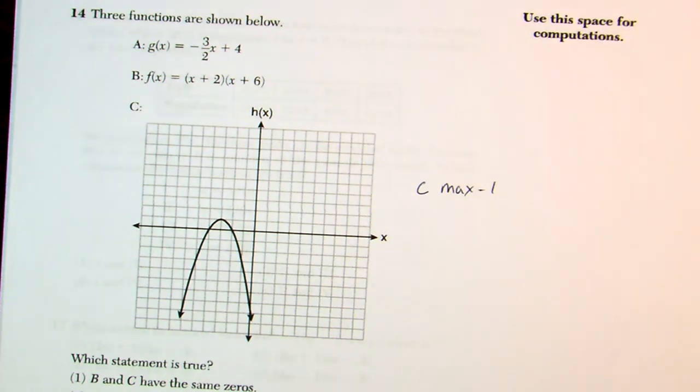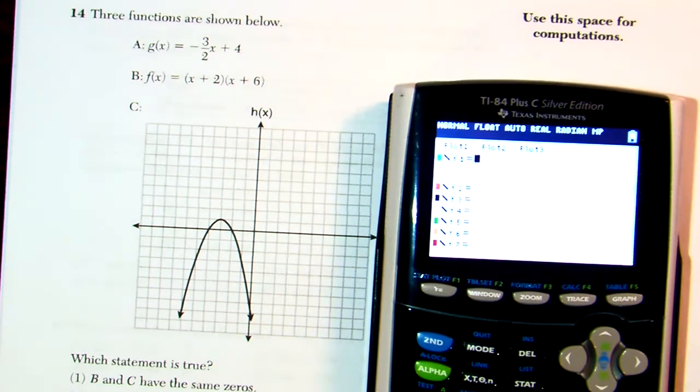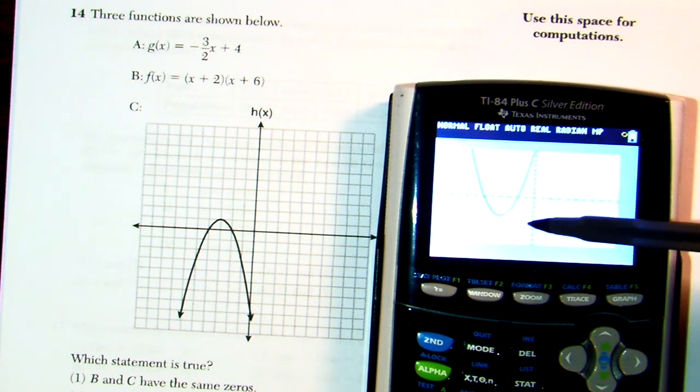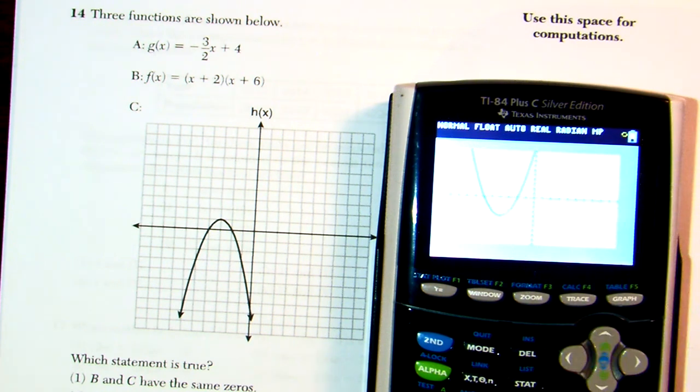So let's see if I plug that in what it looks like. Let's clear that out. We got x plus 2, and then x plus 6. If I graph that, that looks like it's going to have a min. Let's go to the table.